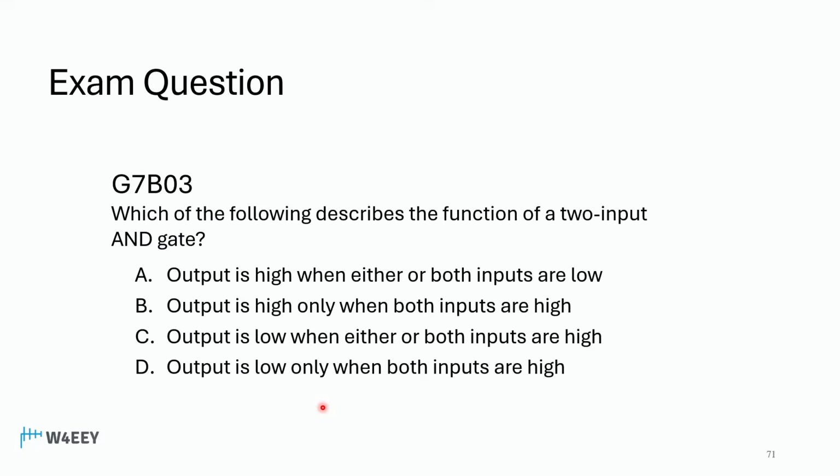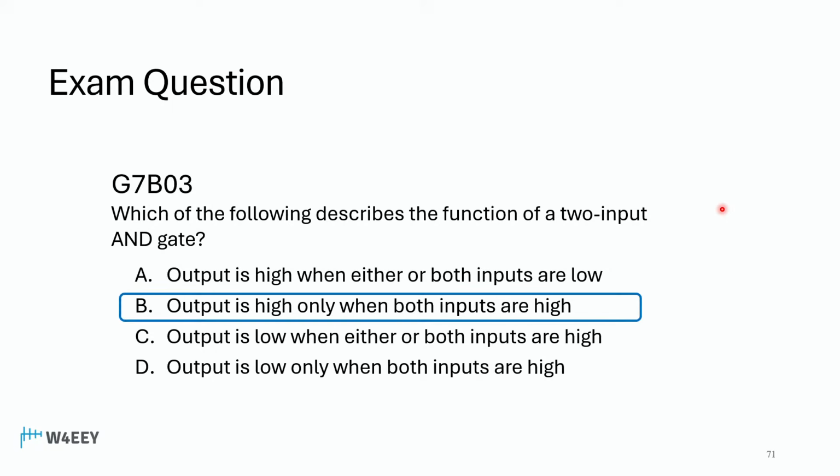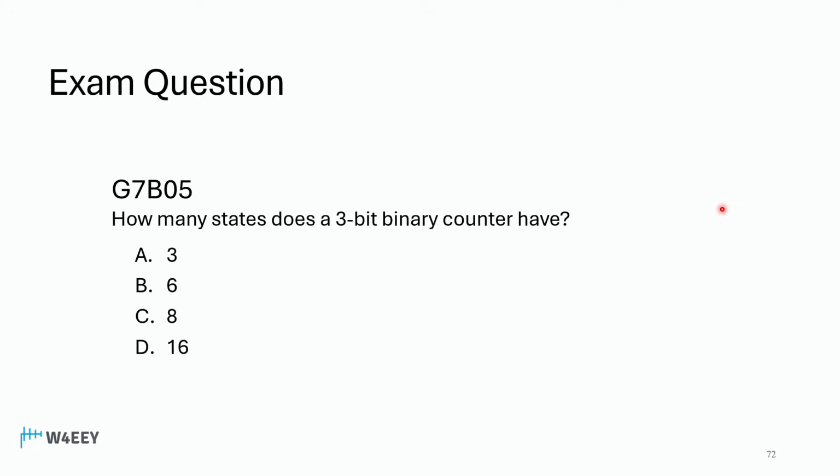Some questions. Which of the following describes the function of a 2-input AND gate? Bravo. It is Bravo. Output is high only when both inputs are high. So A and B cause C to go high. How many states does a 3-bit binary counter have?